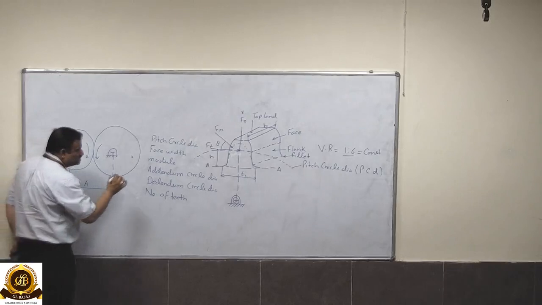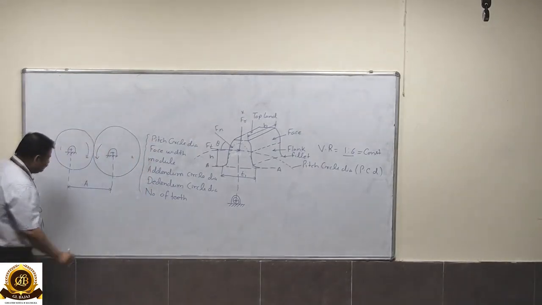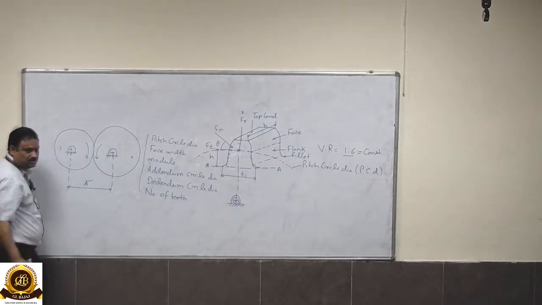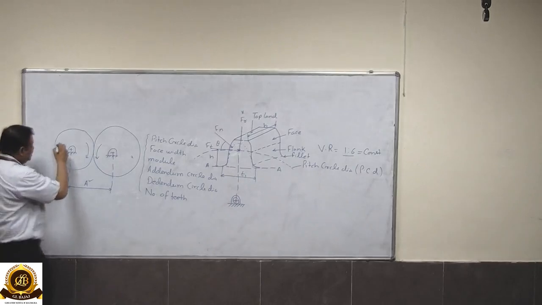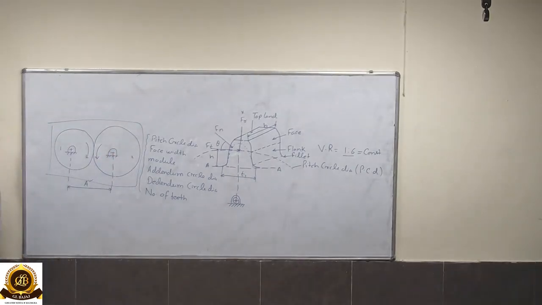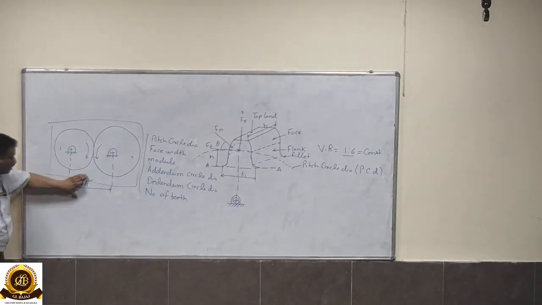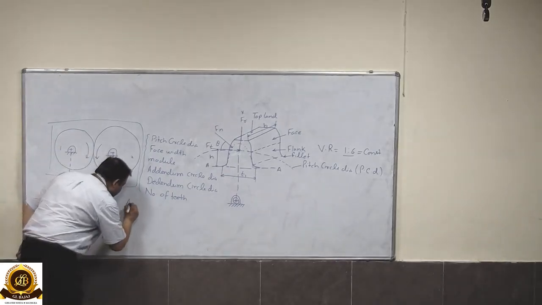Now these parameters are variable, but suppose if we fix up the center distance, then we have to apply here one constraint. It means this gear is working under a fixed size or in a box which size is fixed.